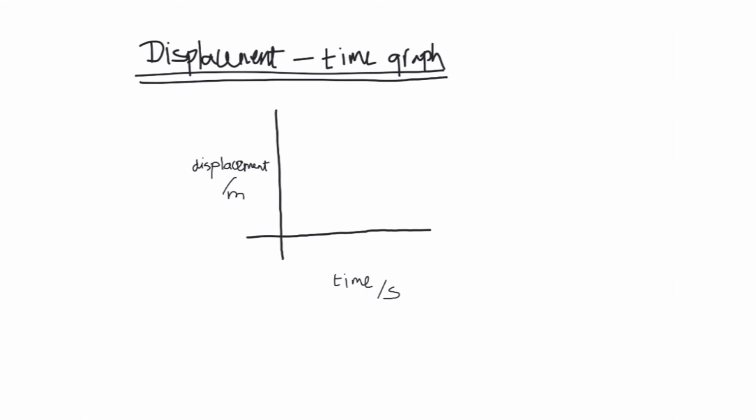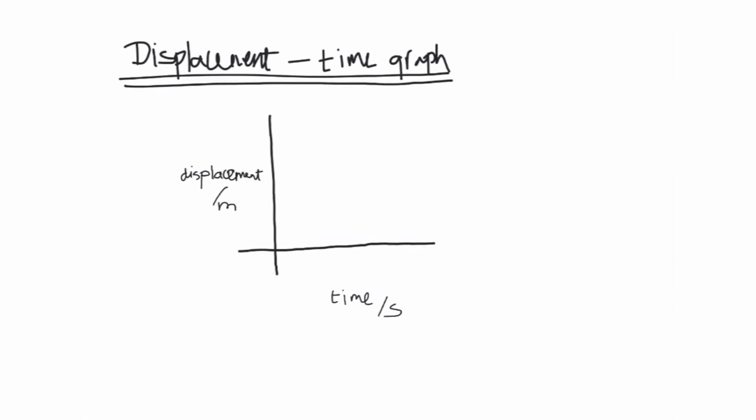Now, as you can see, the displacement is labeled on the y-axis while time is on the x-axis. And let us quickly here sketch a line.